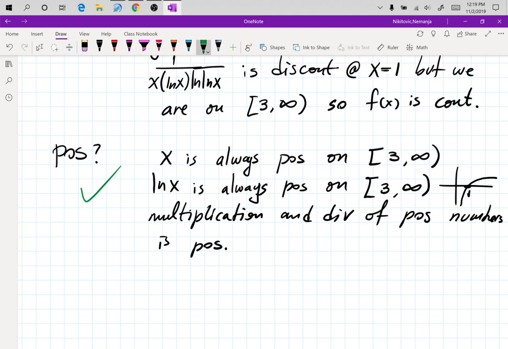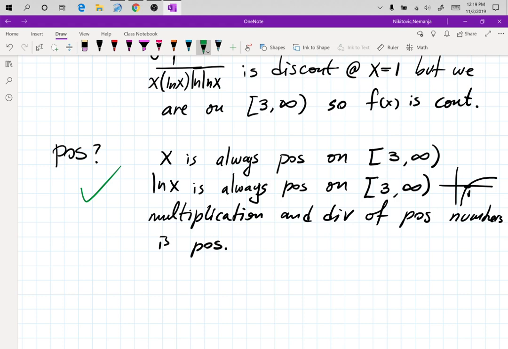Of course we're done, right? We showed that this is always positive, this is always positive, this is always positive. Since all of these are always positive and you're dividing 1 by a positive number, all of the numbers involved in this multiplication division problem are positive. The final answer there is positive, and we're done.